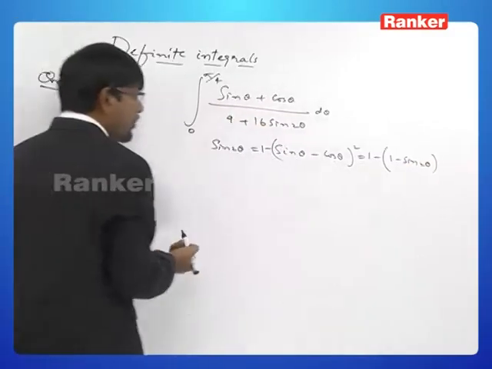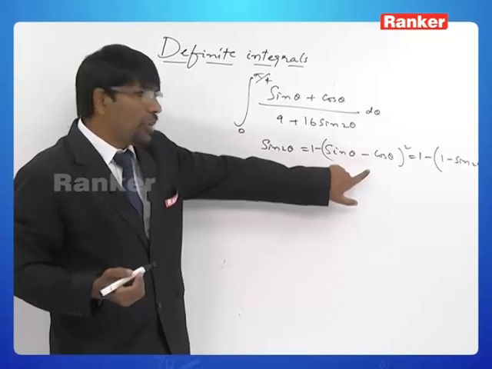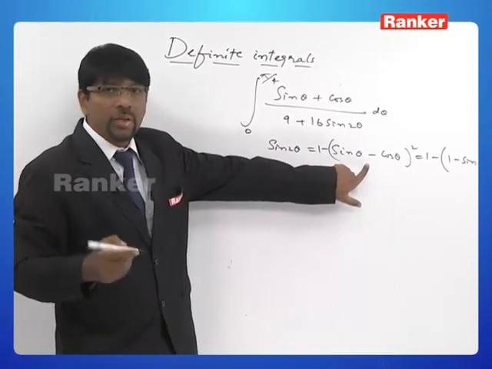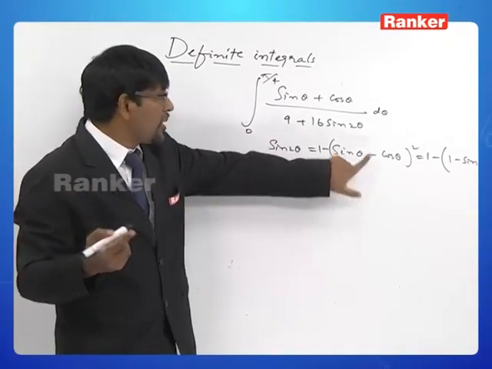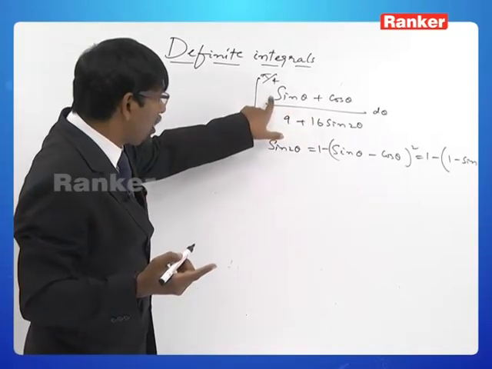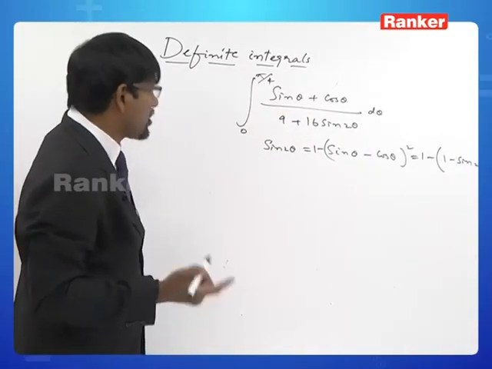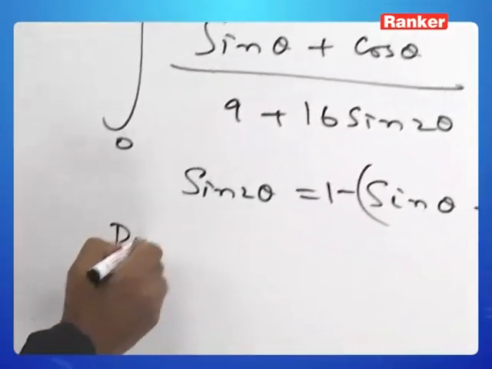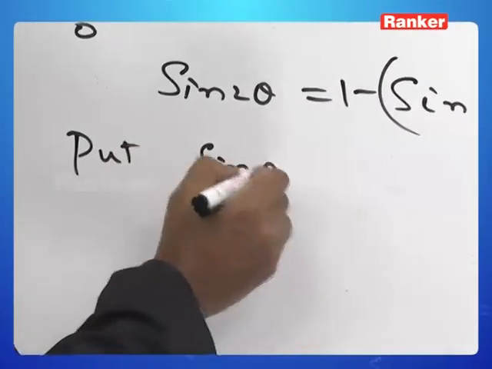So, that is sin 2 theta. So, the denominator can be expressed in terms of sin theta minus cos theta. What about the numerator? Is that the derivative of sin theta minus cos theta? Yes, it is. So, I put sin theta minus cos theta as t.